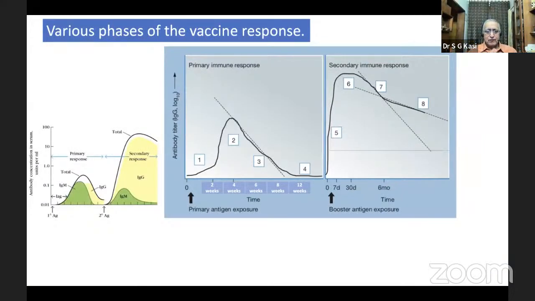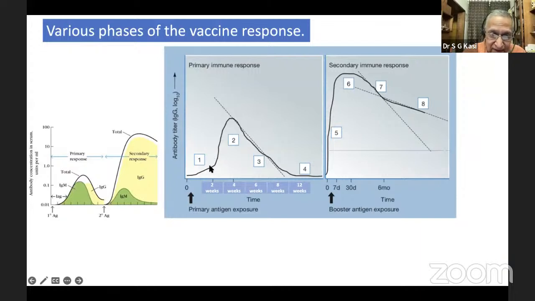Now, we dealt with the cellular response. Now, what happens to the antibodies after we give a vaccine? Following the first dose of the vaccine, there's a very slow rise of antibodies. This is the extra follicular reaction that is occurring without the germinal centers, and it is predominantly an IgM response.